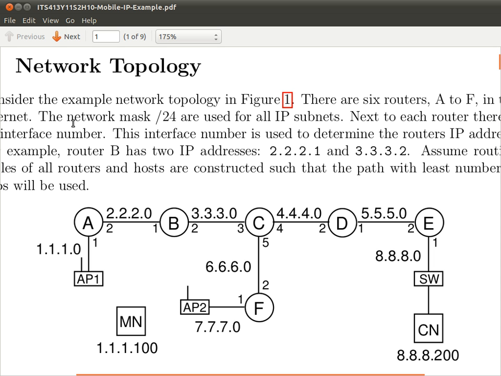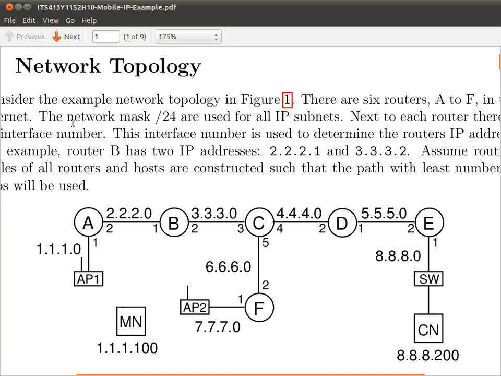We record the home IP address and the care of address. Just a table that records those values. There may be other values, but these are the key things that are needed. And of course, the home IP, when we received the registration request, it was from 111.100, and the care of address in the packet is 7771. This is stored at the home agent, router A in our case.